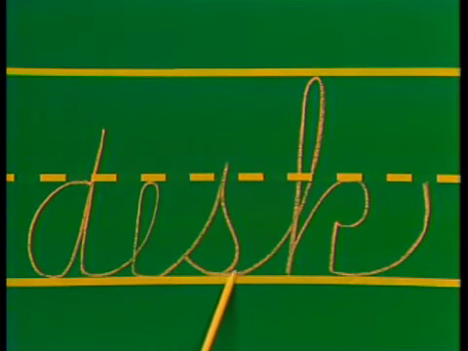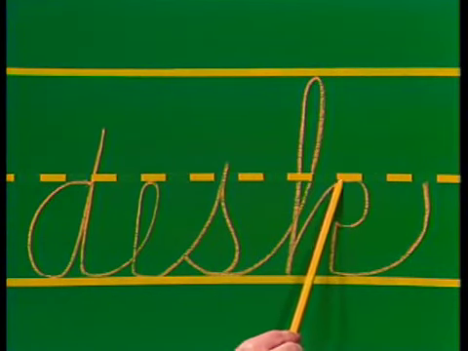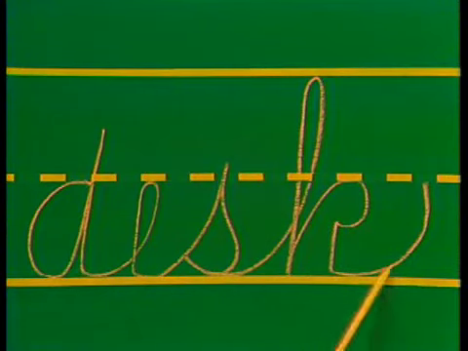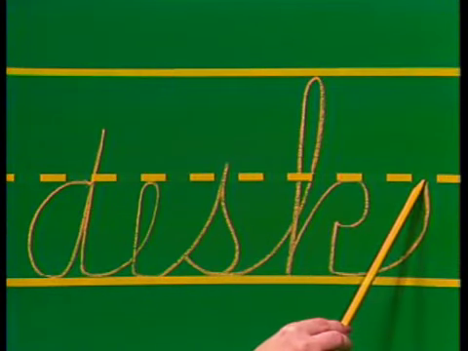Now up for the K, under curve, clear up to the headline, loop, and slant. Retrace as you come up with your over curve to the midline, around, slant, under curve for the finish.